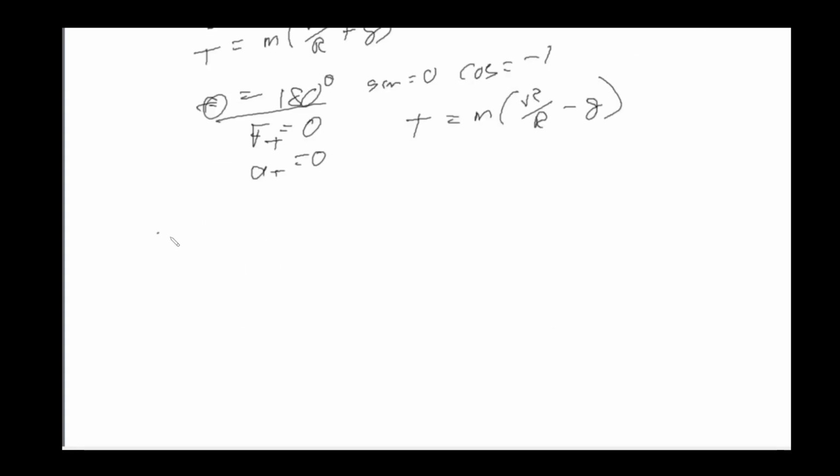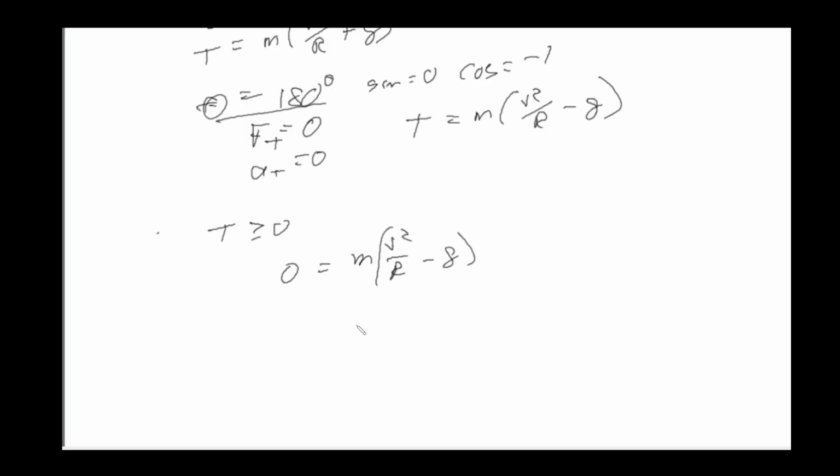For the next part, we want to know what the minimum speed is to keep the rope from going slack. So what we really mean is we want to know when the tension is greater than or equal to 0. If we set tension equal to 0, that's equal to mv squared over r minus g at the minimum point.